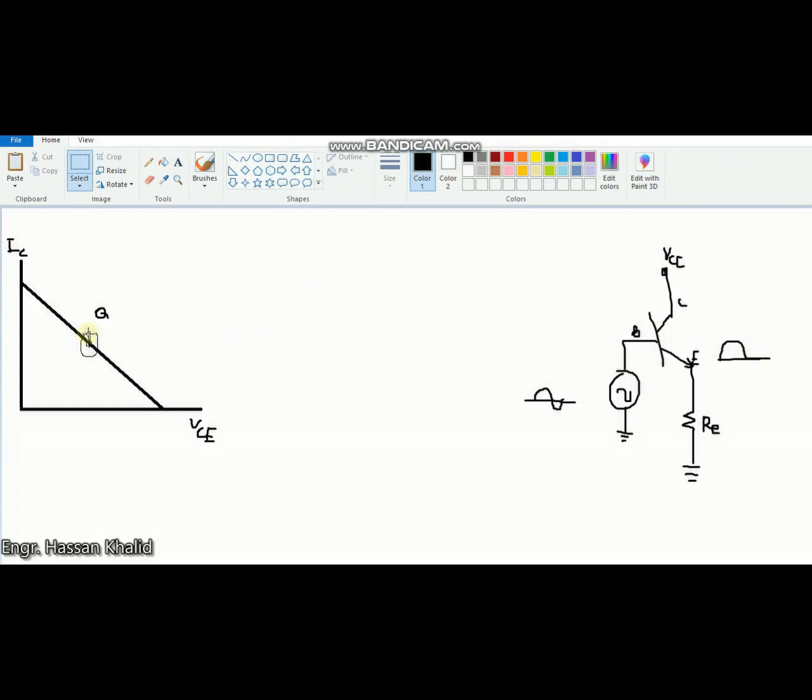Previously, when we studied the class A amplifier, it was capable of amplifying the signal in both the positive and the negative region. The important aspect at that time was that it usually operates at the Q point.